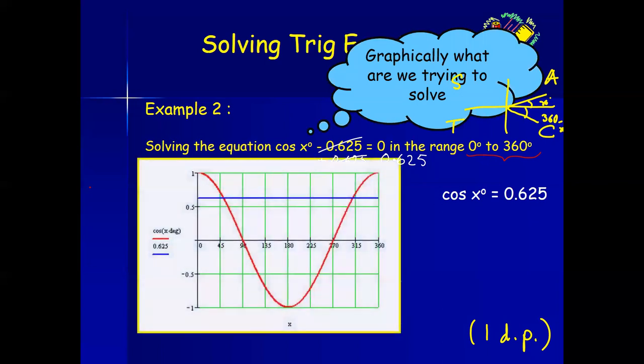So basically, that's what we're trying to find. Cos equals 0.625, two answers. One is going to be here, a bit more than 45, and the other one is going to be here, 360 minus that amount.